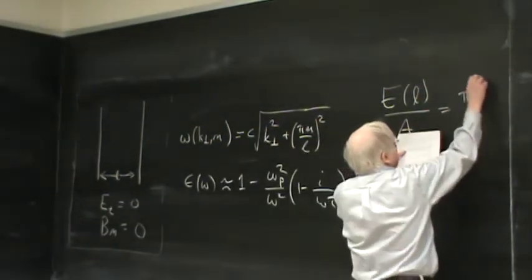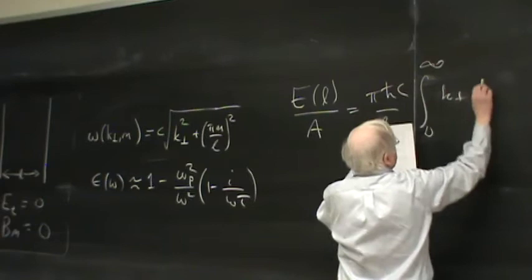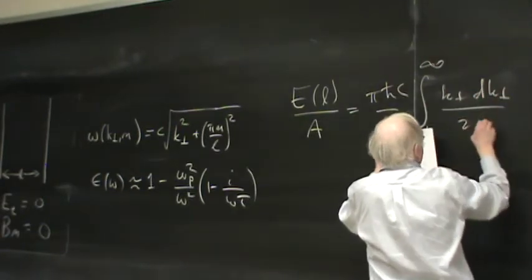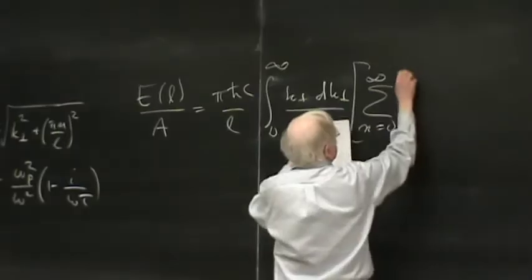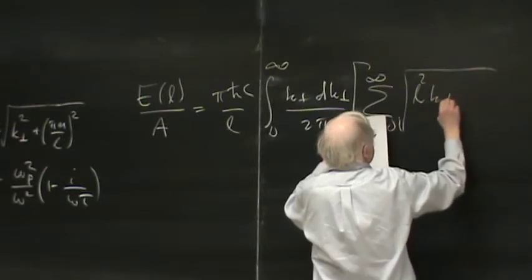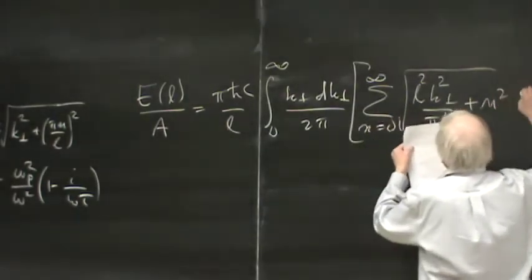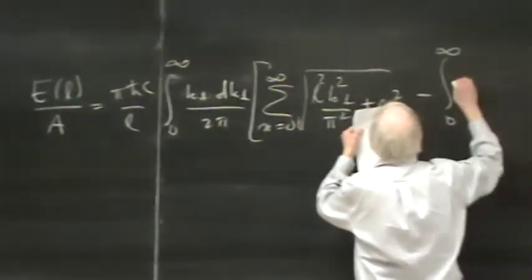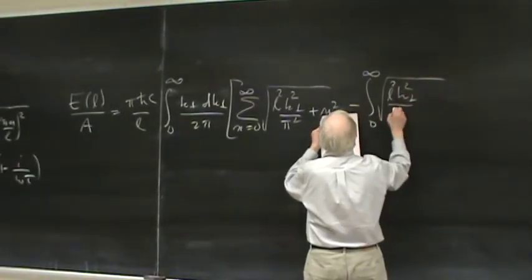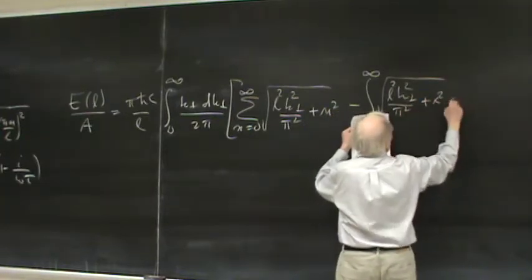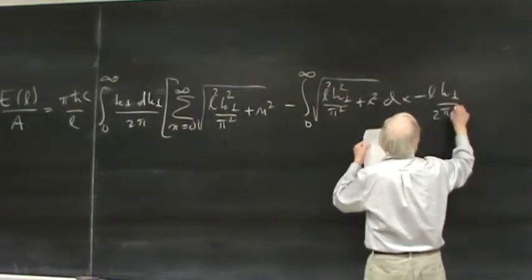Anyway, in these units, it's pi h bar c over L, integral 0 to infinity, k perp dk perp over 2 pi, and now we have these square brackets: sum n equals 0 to infinity, square root of L squared k perp squared over pi squared plus n squared, minus integral 0 to infinity, square root of L squared k perp squared over pi squared plus x squared dx, minus L k perp over 2 pi.